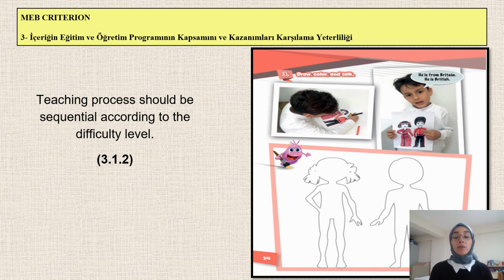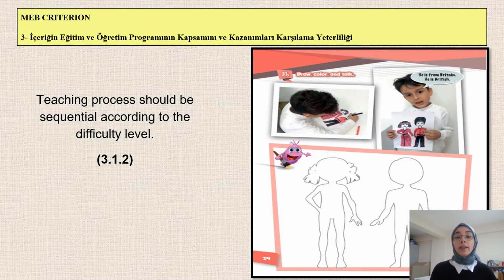When we look at the third criterion, it is said that the teaching process should be in a certain order. So firstly, the easy questions or information should be given, and then the harder ones. In this nationality unit, there is no information about how people from different nationalities look.